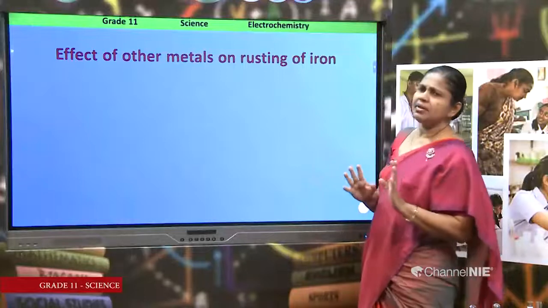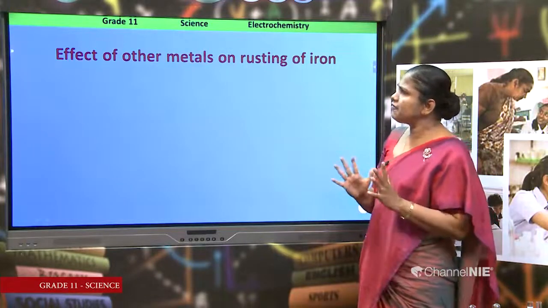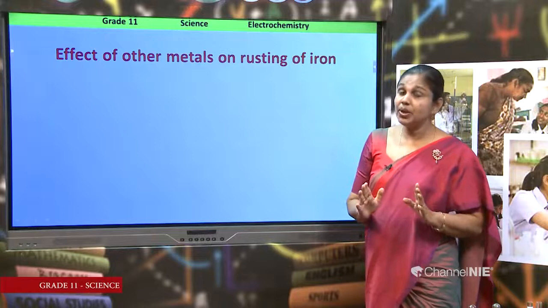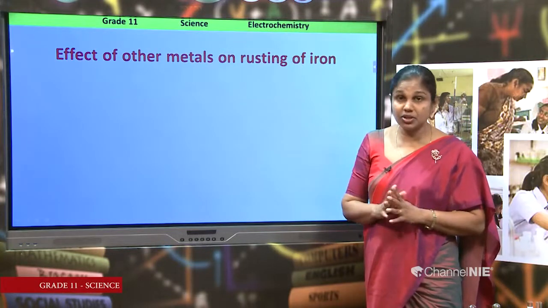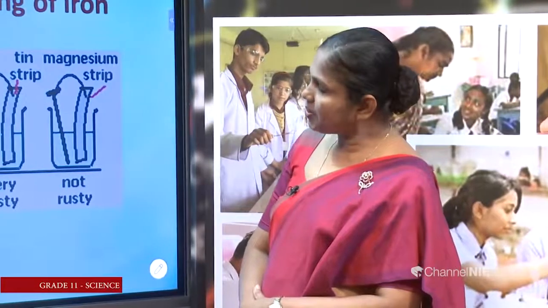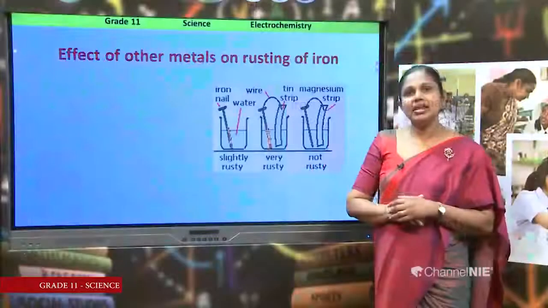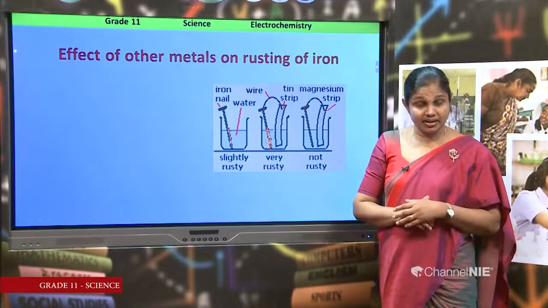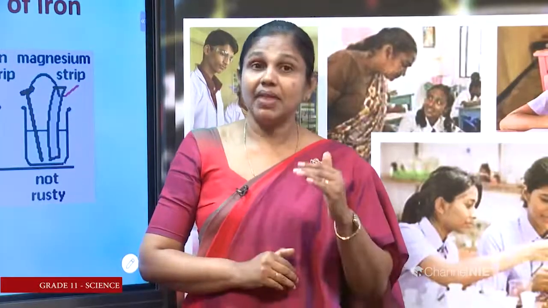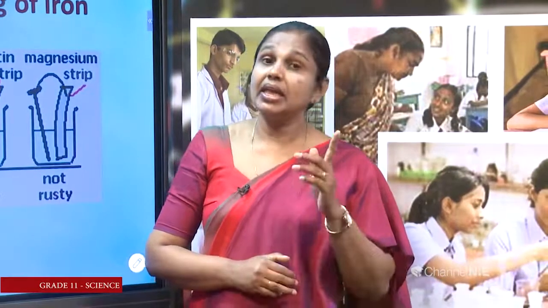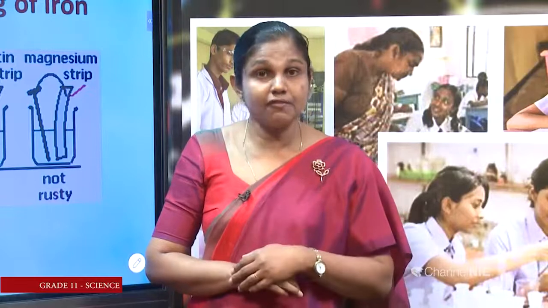Okay. Then let me explain the effect of other metals on rusting of iron. Now we are going to learn the effect of other metals on rusting of iron. Right. Look at this picture, children. What you can observe here is, when the iron nail is in contact with a metal more reactive than iron in the activity series, that highly reactive metal starts oxidizing first and it prevents oxidizing of iron.